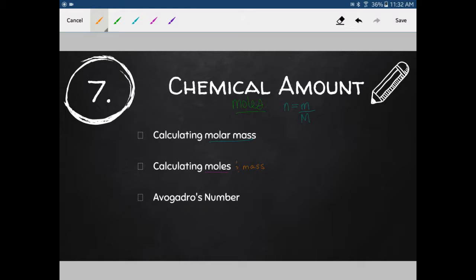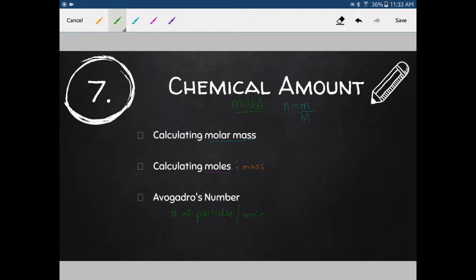All right, we also talked about Avogadro's number in Science 10, which is essentially looking at the number of molecules or particles in 1 mole. So it's number of particles, okay, and particles is a general term, per mole.